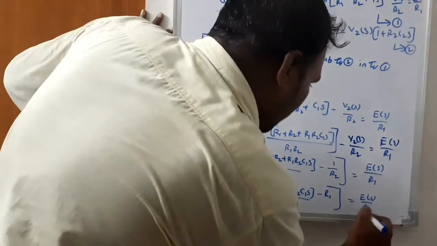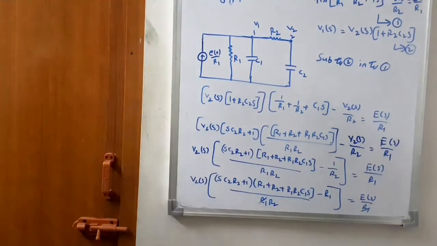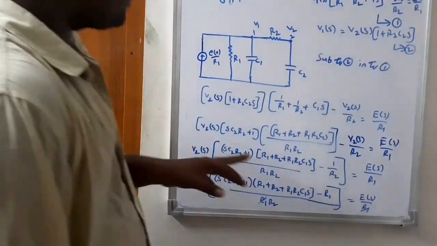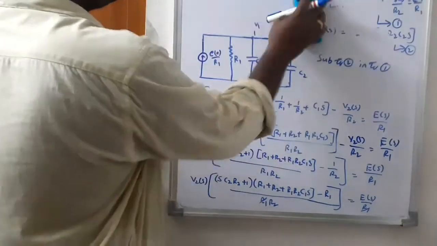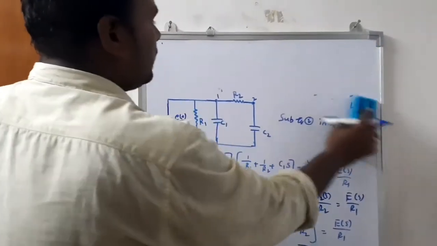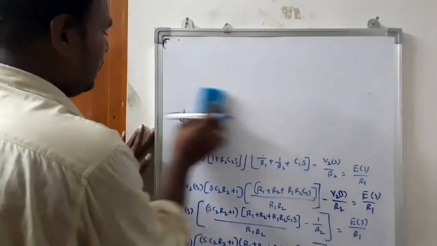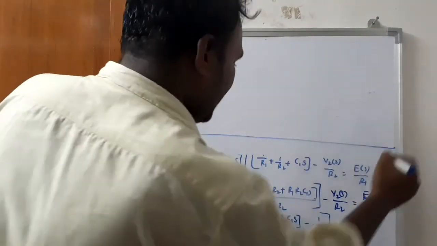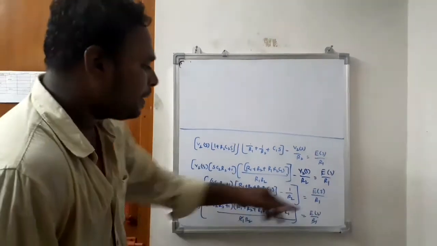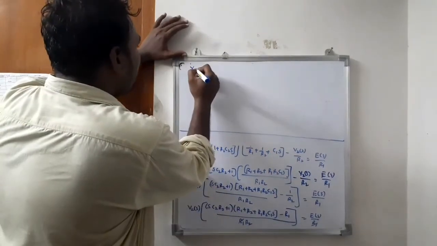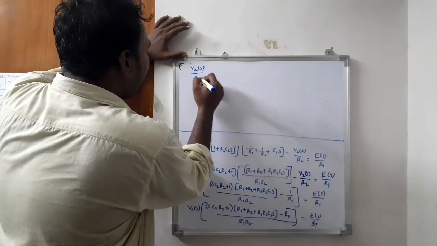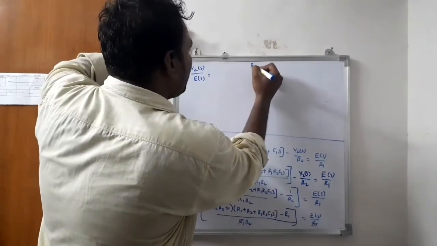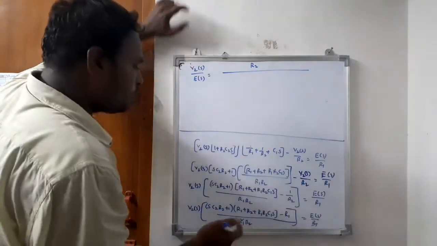From this R1 gets cancelled. It is clearly seen that V2(s)/E(s), the output voltage by the input E(s), is equal to R2 going to the numerator, and all the remaining terms coming to the denominator.